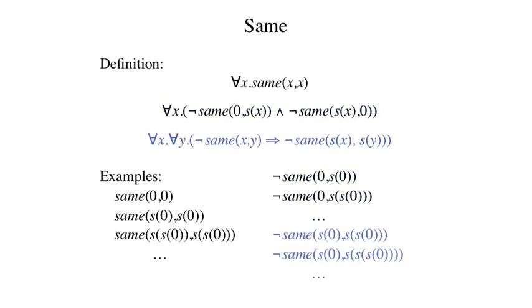And the third axiom builds on these results to show that non-identical composite terms of arbitrary complexity do not satisfy the same relation. Viewed the other way around, to see that two non-identical terms are not the same, we just strip away an occurrence of s from each term until one of the two terms becomes 0 and the other one is not 0. And then by the second axiom, these are not the same, and so the original terms are not the same.